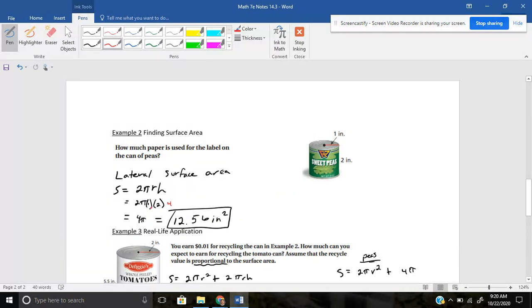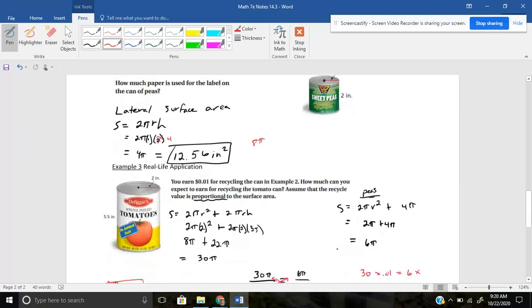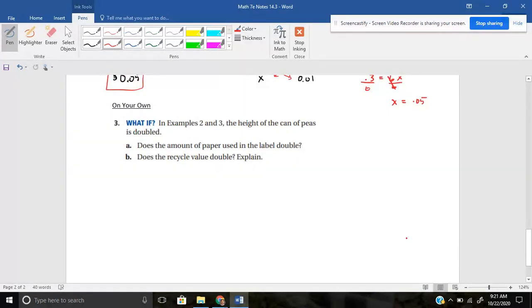Okay, so 4 times 1 is 4, times 2 is 8, so that'd be 8 pi. Is that double what our original was? And some of you can see that that's definitely yes. 8 pi is definitely 2 times 4 pi.